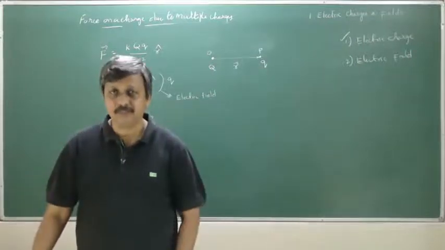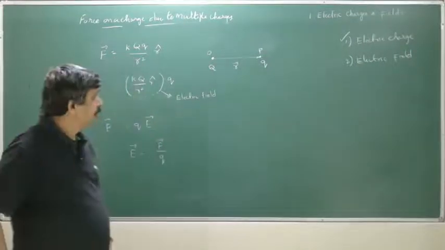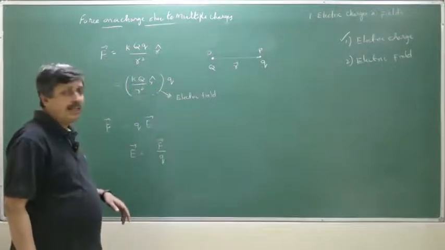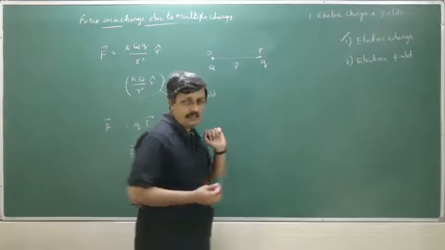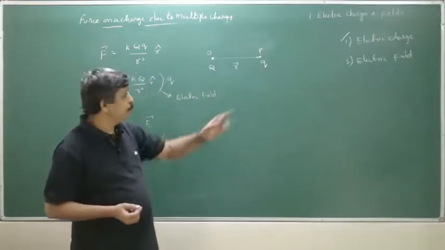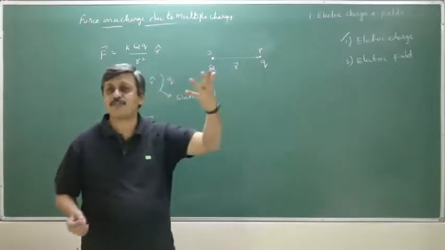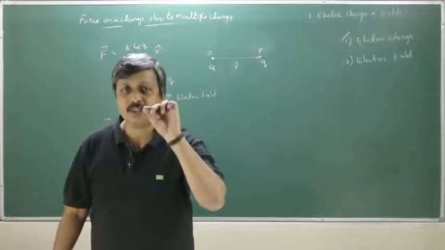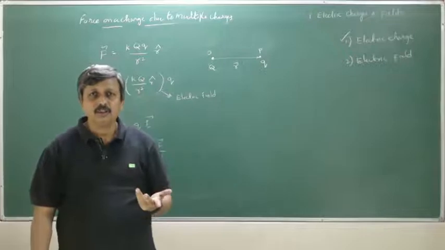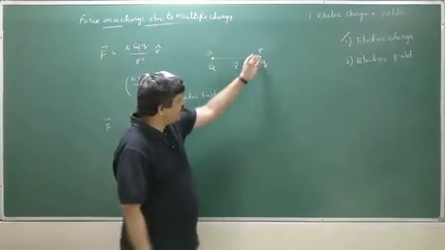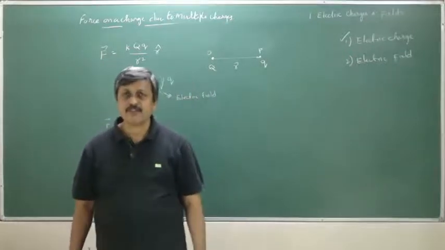So, what does it mean? It means that whenever there is a charge here, if you put one charge small q at a point P, it experiences a force. You may ask, what is there at P that it experiences a force?